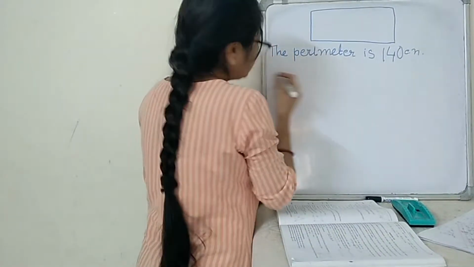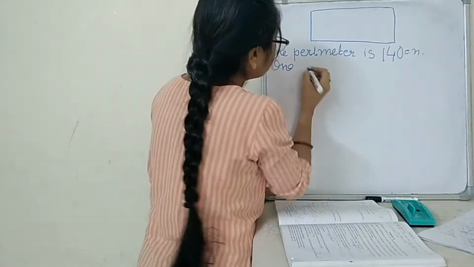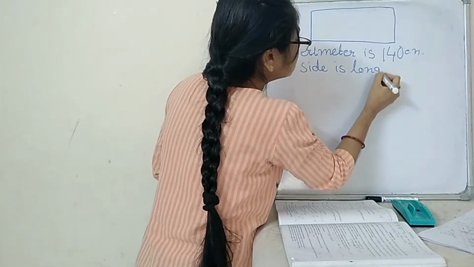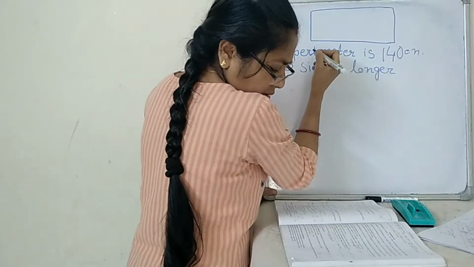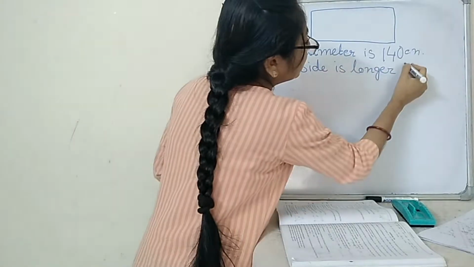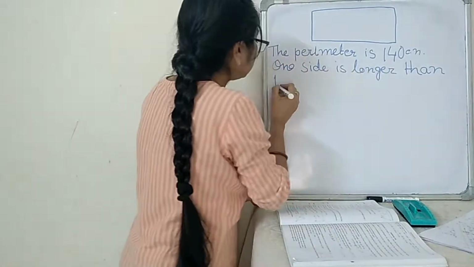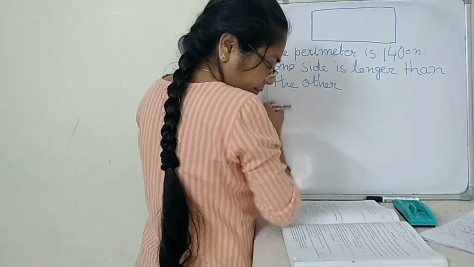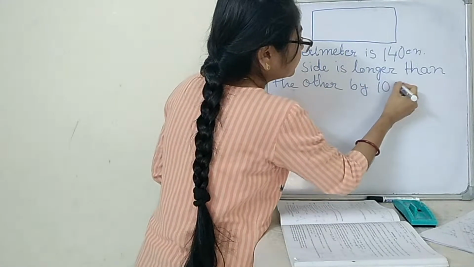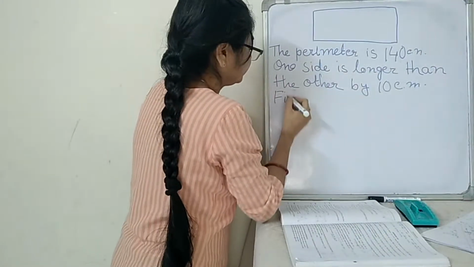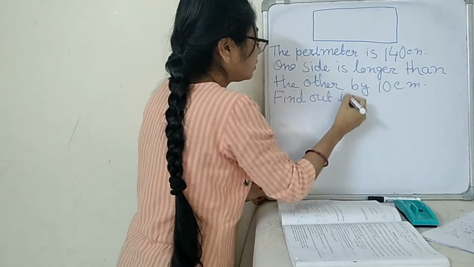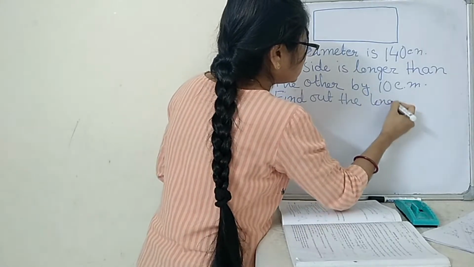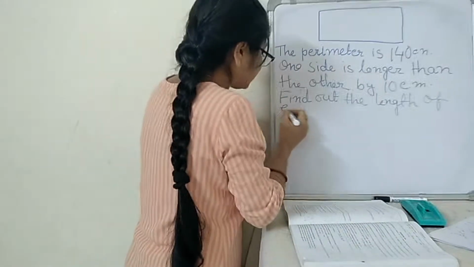One side is longer than the other by 10 centimeter. Find out the length of each side.